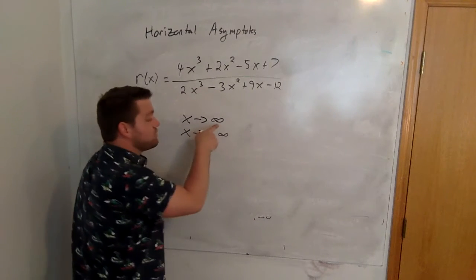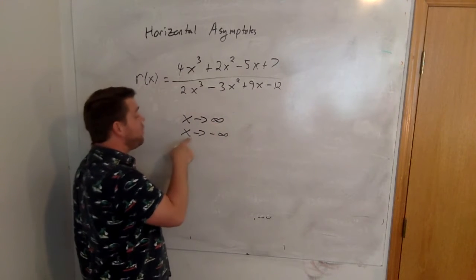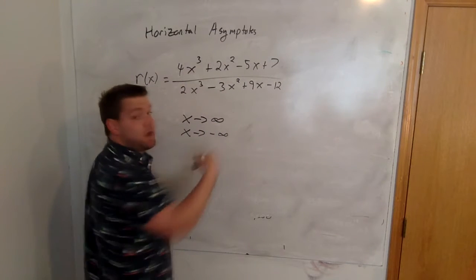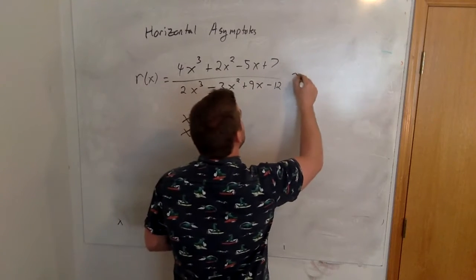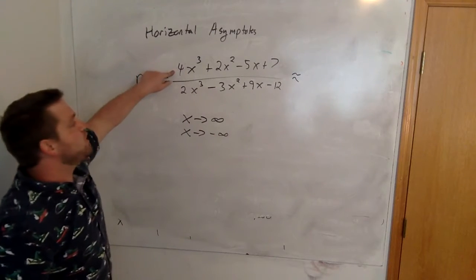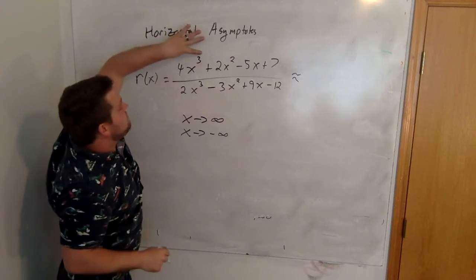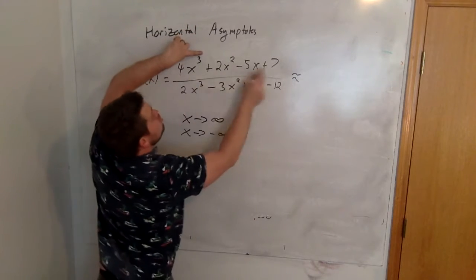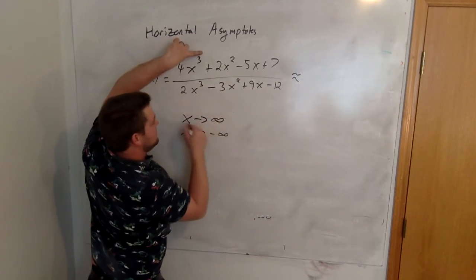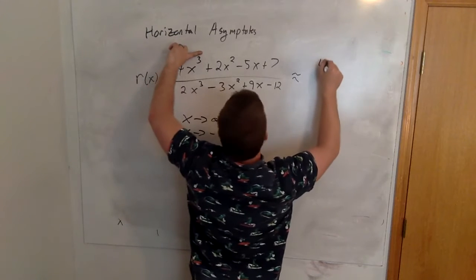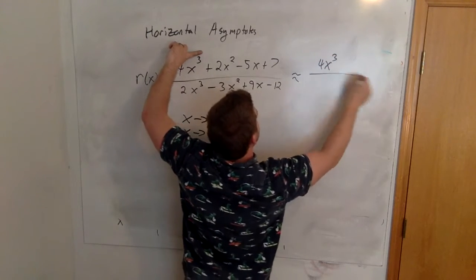Well, as x gets really big towards positive infinity, or when x gets towards negative infinity, I'm making kind of a loose argument here. This polynomial in the numerator will behave pretty much the same as 4x cubed. So this numerator, just as x gets really large, is going to be approximately 4x cubed.